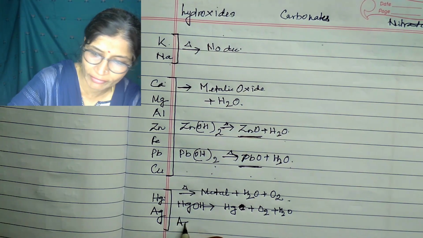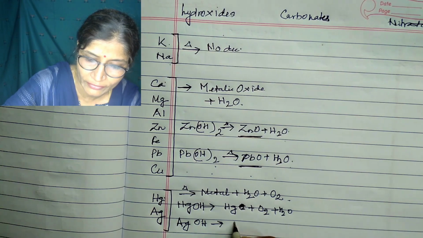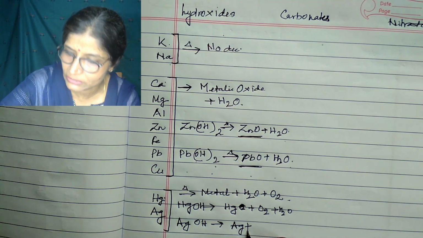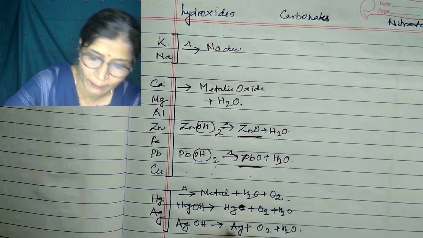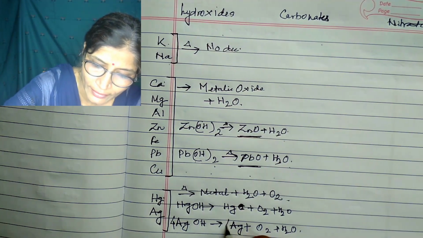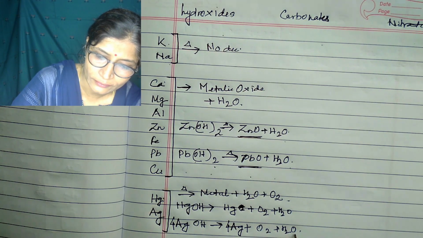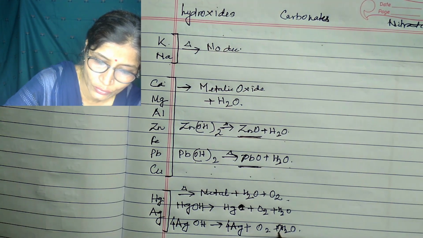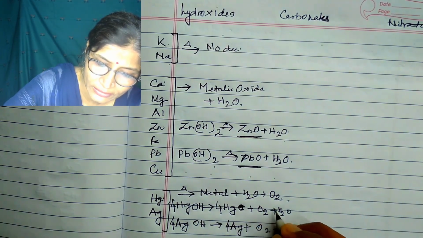In the same way, when silver hydroxide is heated, it will give silver plus oxygen plus water, and then balance it: here 4, here it will be 4, and 2, and this one is also 4, 4, and this is 2.